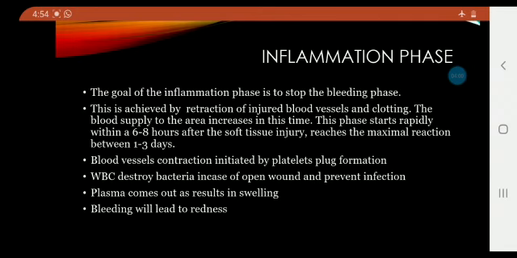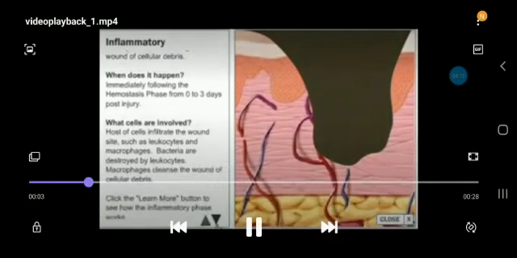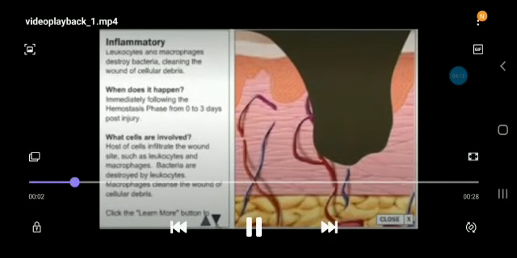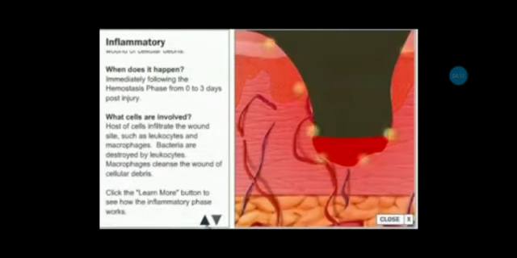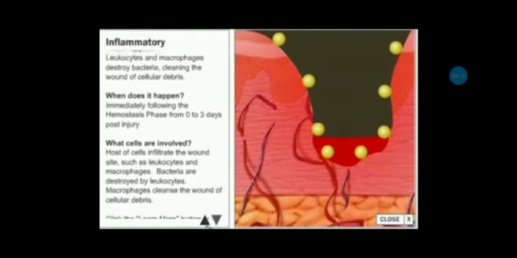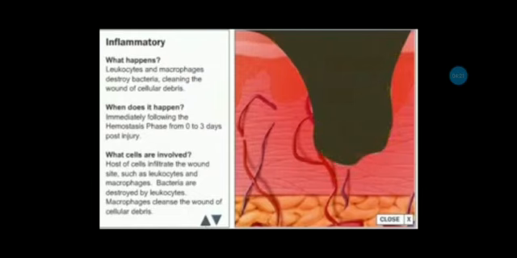I'll show the video. As you can see, in this phase there is an increase in swelling in that particular area. The place is getting red because there is more blood flow in that area.